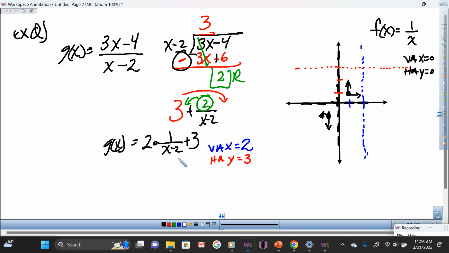Zoe, help them out. 3 up. Okay, so far so good. 3 up. 2 to the right. That is correct. 2 right, 3 up. However, can we start moving it already? No. Why not? Tell your neighbor what this is going to do to both of these points.